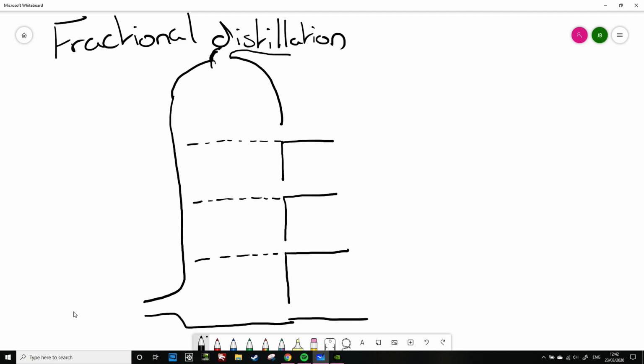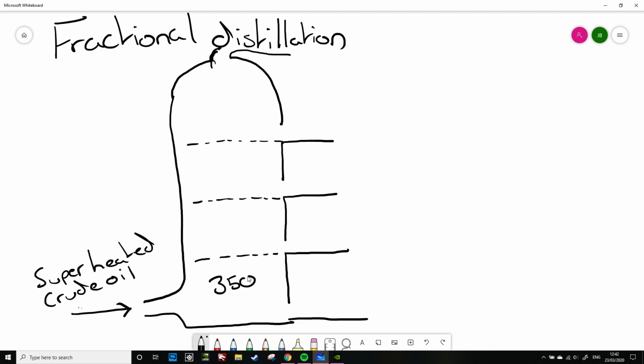So we have superheated crude oil sent in at the bottom. Super hot, okay? Now let's just say, for example, this is 350 degrees centigrade, this is 250 degrees centigrade, this is 150 degrees centigrade, this is 50 degrees centigrade.